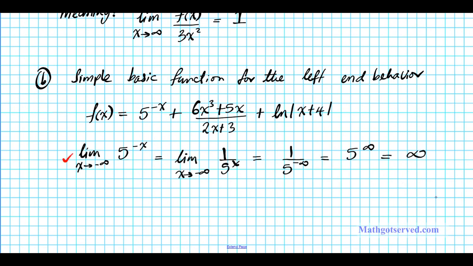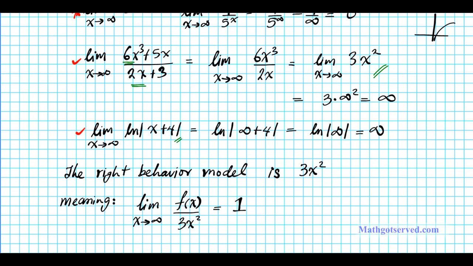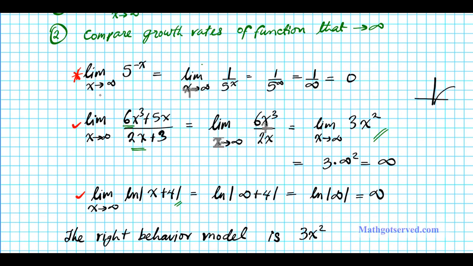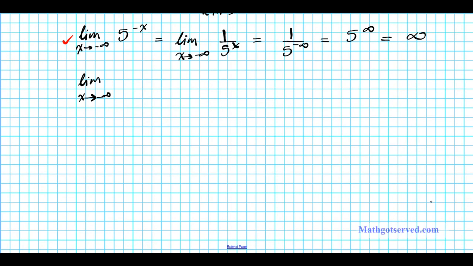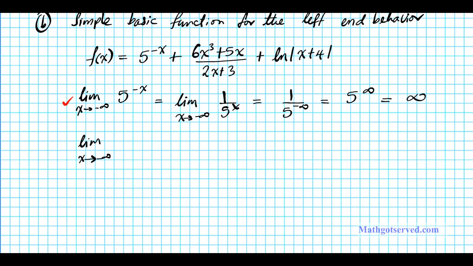You notice for the right end behavior, that wasn't a candidate. It went to 0. But going to negative infinity, this actually is in the game. Now let's take a look at the next function: the limit as x approaches negative infinity of 6x to the third plus 5x over 2x plus 3. We've done this before.